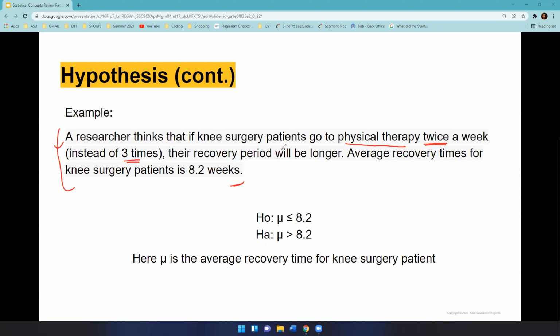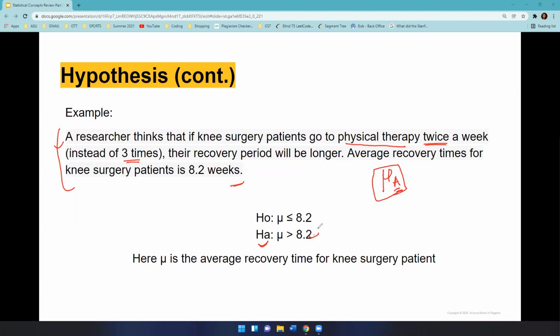So usually the hypothesis is generally hidden in the question itself. So what is the expectation of the researcher? He expects that recovery period will be longer. So something which you expect or want to prove to be true is alternative hypothesis, and we use the notation mu A depicting alternative. So the researcher expects the average time to increase.